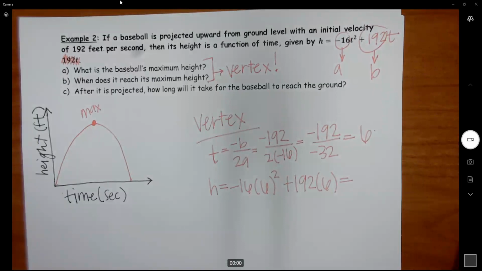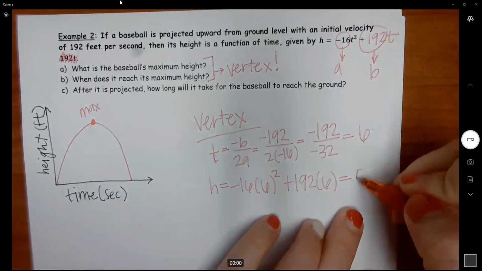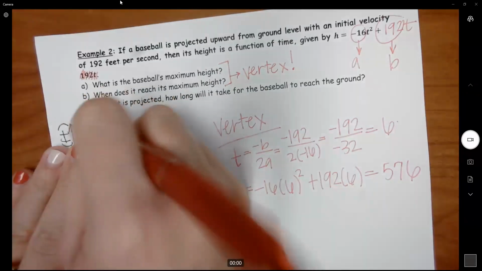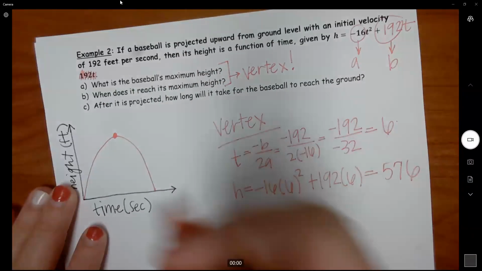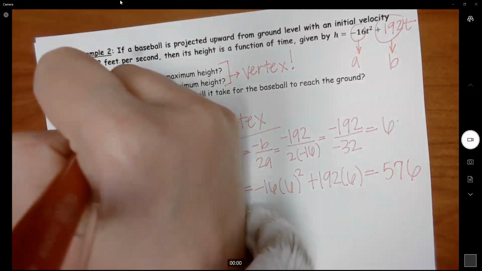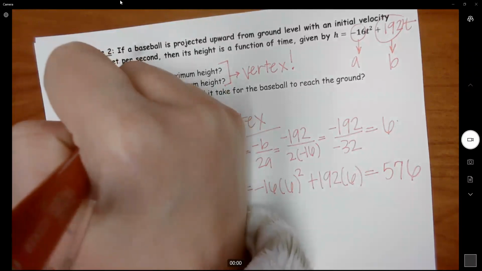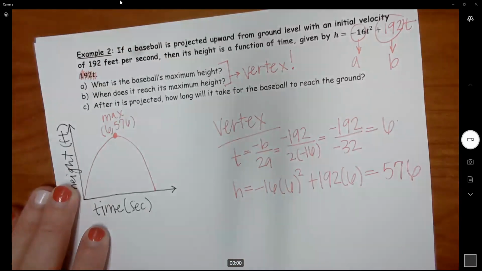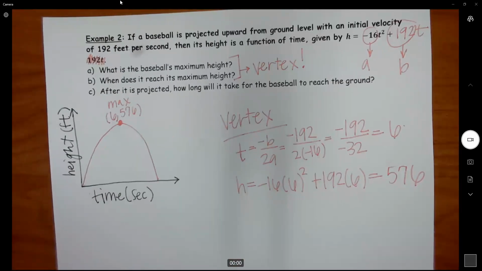Make sure you can do this in the calculator as well. You get 576. So this ordered pair is (6, 576). And that's my max.